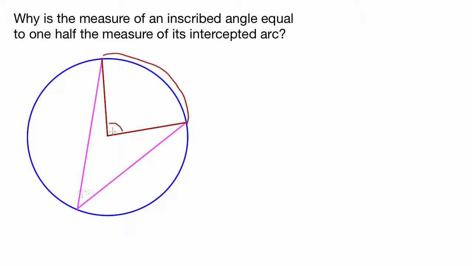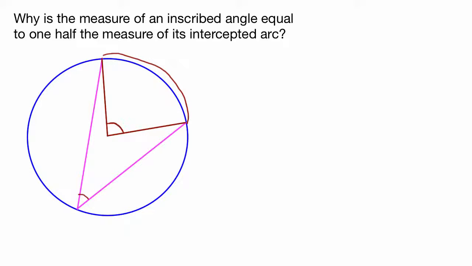Now, if we can prove that this angle is twice the measure of this angle, we're done, because then the arc will have twice the measure of the inscribed angle, or another way to think about it is the inscribed angle is half the measure of its intercepted arc.